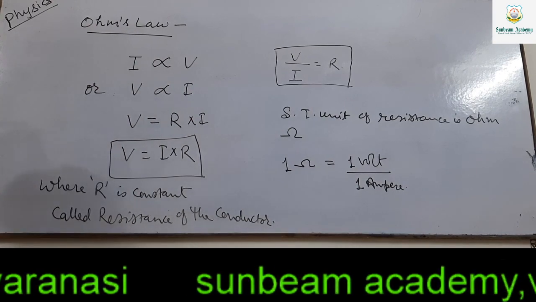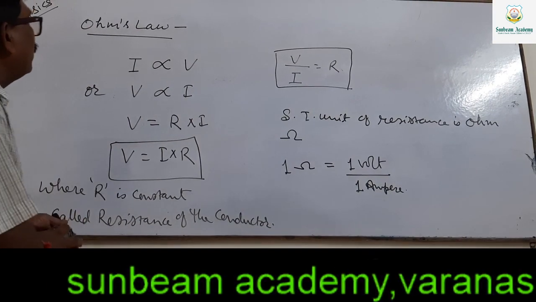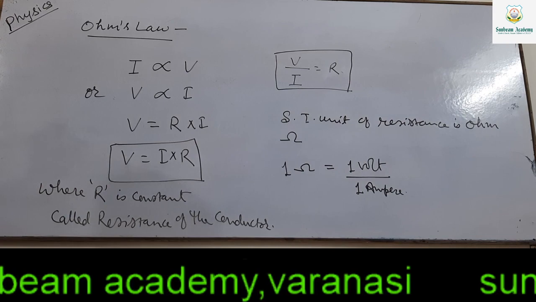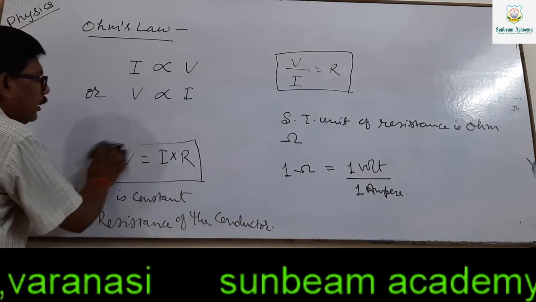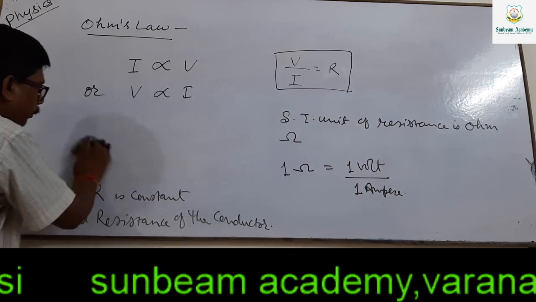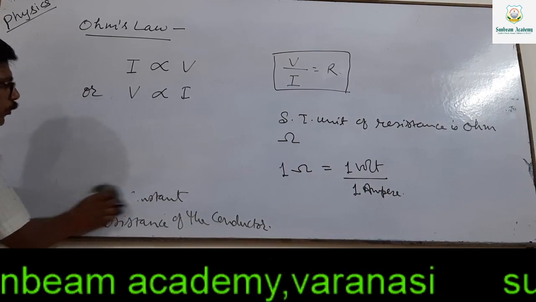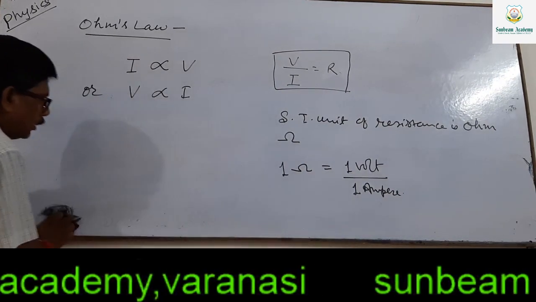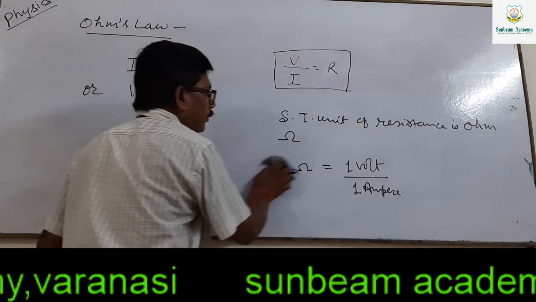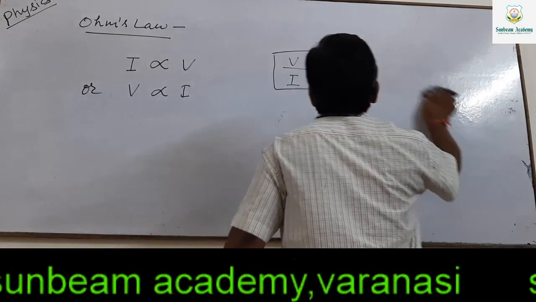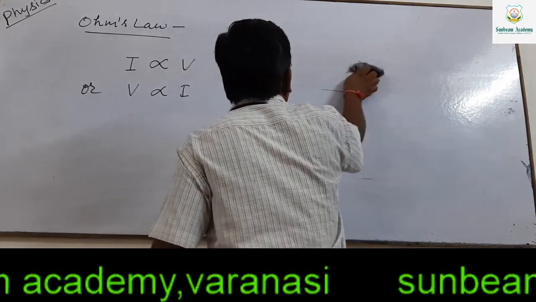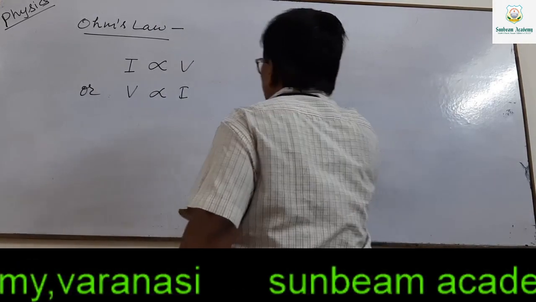Now, as per the statement given by Ohm's law, that V is directly proportional to I, or I is directly proportional to V, he plotted the graph between V and I. And what type of graph will he obtain? Let us see.